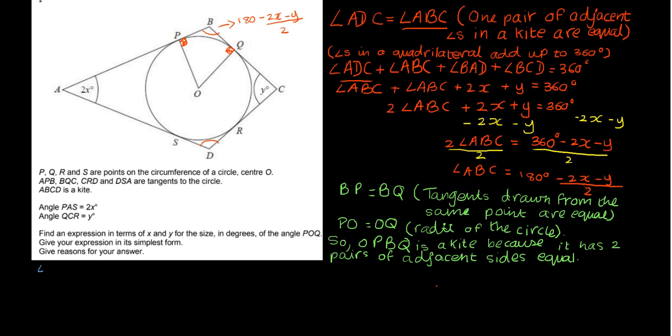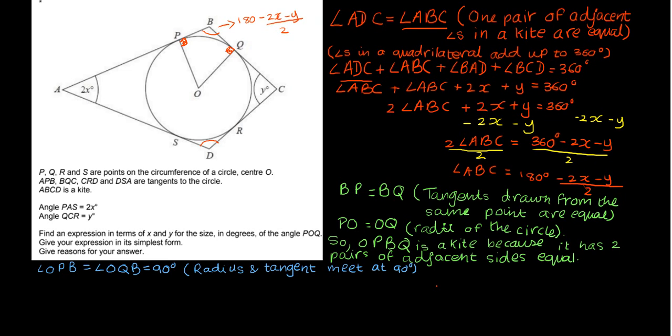Angle OPB is equal to angle OQB is equal to 90 degrees, and the reason for this is the radius and tangent meet at 90 degrees.